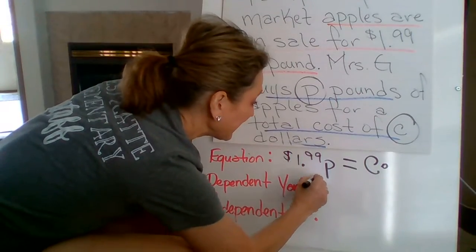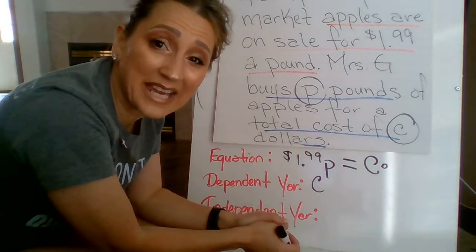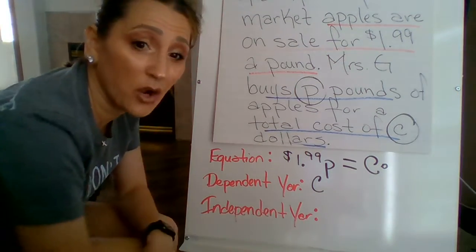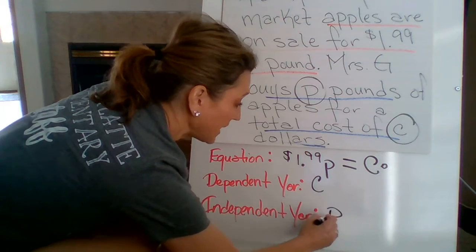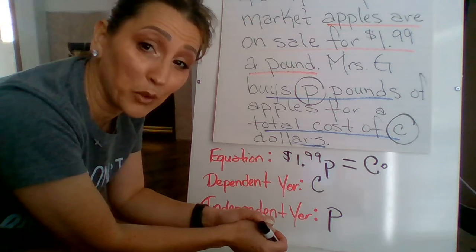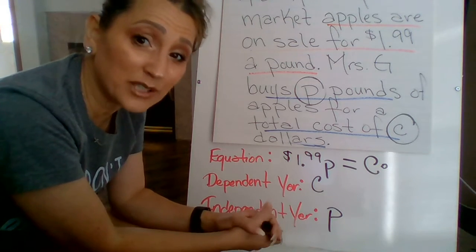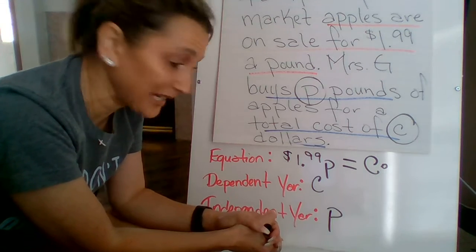Why is C dependent? Because I can't tell you how much the apples cost until I know the independent P variable of how many pounds of apples Mrs. Galloway purchased. That's how we see the relationships in algebraic thinking.